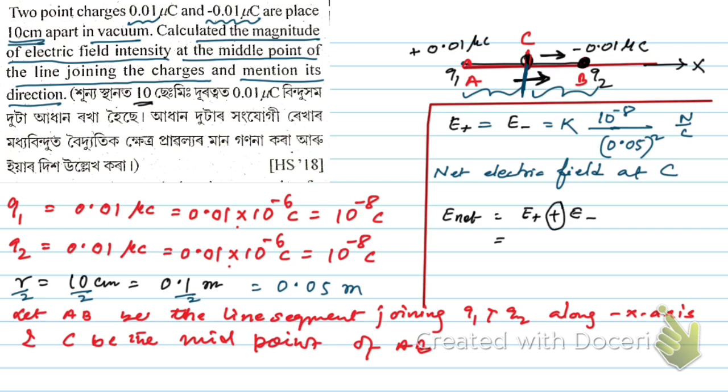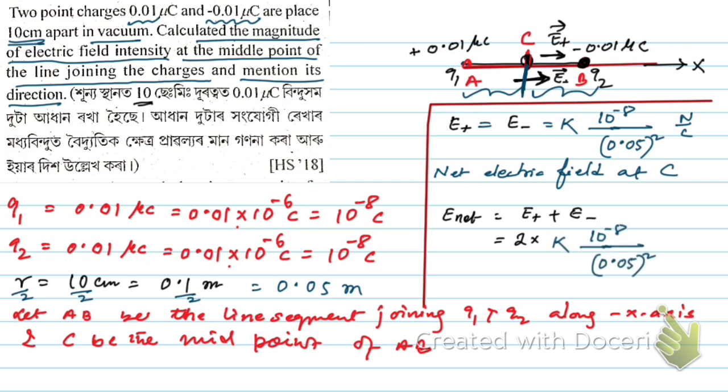We are adding these two because the directions of E positive and E negative are the same, so their magnitudes should be added. So you can write simply 2 into this magnitude. Here we have taken 2 times this, right?